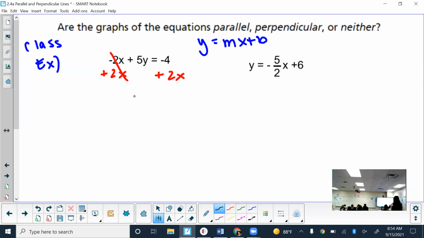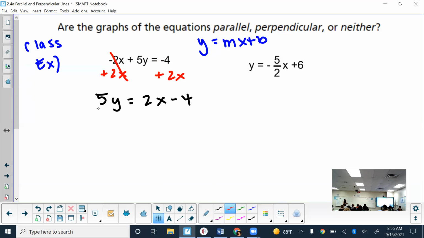And we have 5y equal to 2x minus 4. Could I have written -4 plus 2x? Yes, it means the same thing, but I just want you to get in the habit of writing it like this because it looks more like slope-intercept. 2 is still positive, the 4 is still negative. So we're good. Get the y by itself.